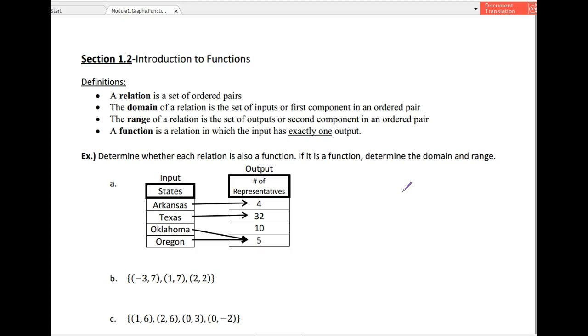So a function has to be something that for each input there's only one output. If you work so many hours in a day, you know how much money you're going to make. It's not this or that. There can't be two outputs for your one input of time.